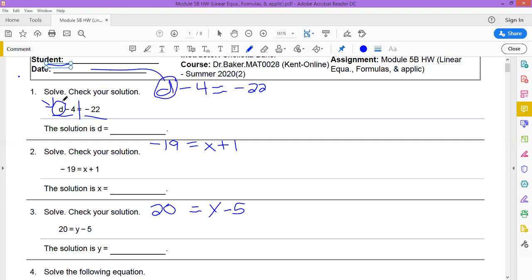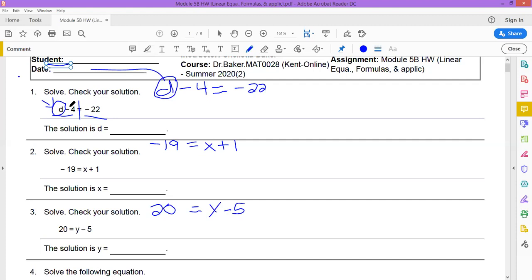Again, the equal sign separates two sides of this equation, the left side and the right side. You want d to be by itself on the left side. In order to get d by itself, you have to perform the opposite operation.